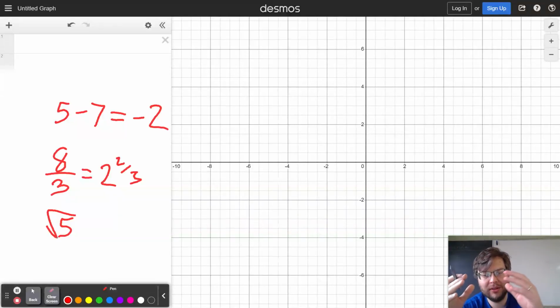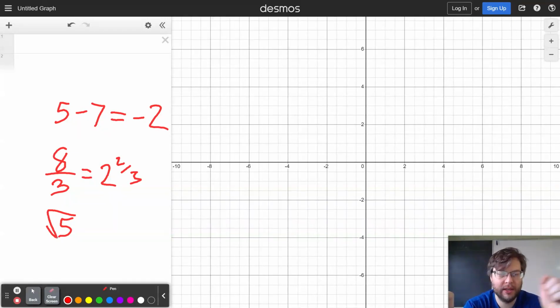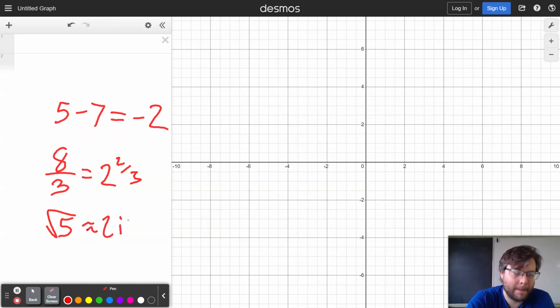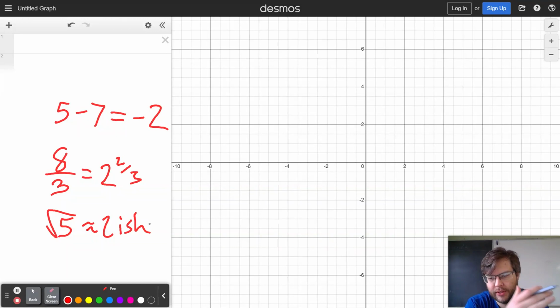And you'll see that with thinking of basically these questions of what are the answers to addition and subtraction, what are the answers to multiplication and division, and what are the answers to powers and roots, you can fill in all of the points on the real number line. So what is the square root of 5? It's 2-ish.